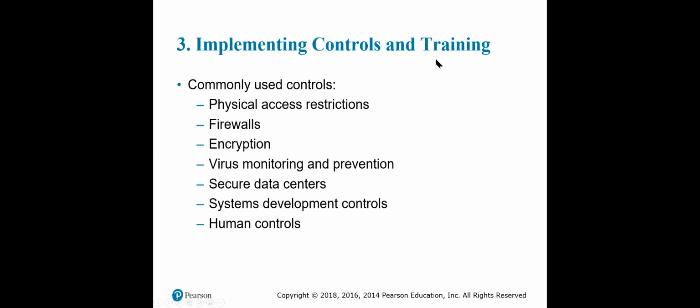Once a comprehensive strategy has been formulated, the organization can decide which controls to implement and train personnel regarding security policies and measures. There are two broad categories of approaches for reducing risk: technological and human-based approaches.